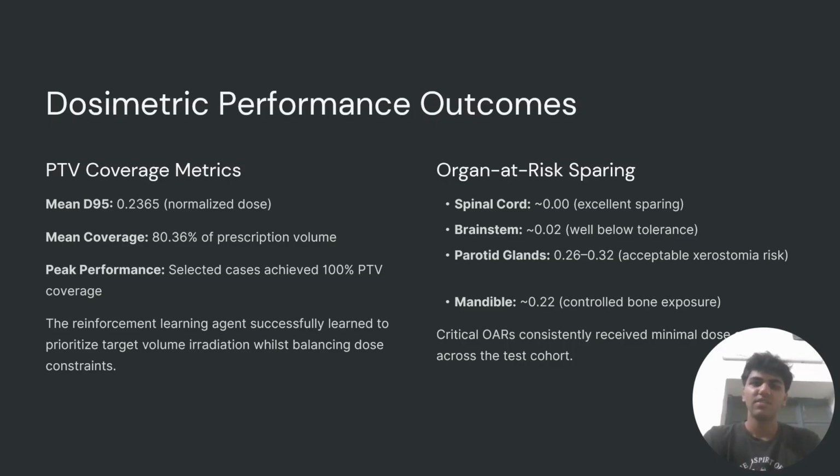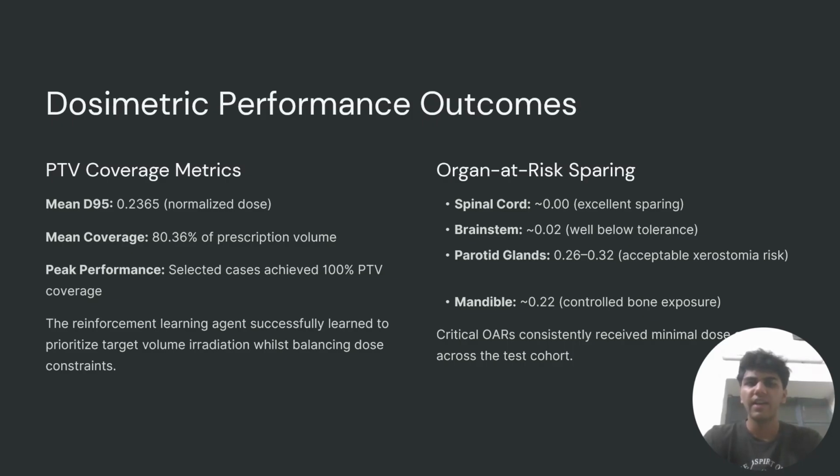Now let's discuss the OAR sparing. The results show strong protection of critical anatomy. The spinal cord received essentially zero dose, which is excellent given its high sensitivity. The brainstem dose remained extremely low, around 0.02, well below tolerance thresholds.